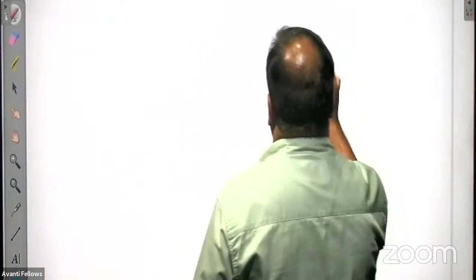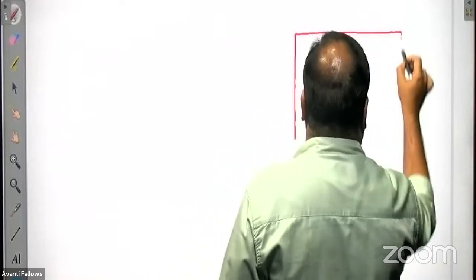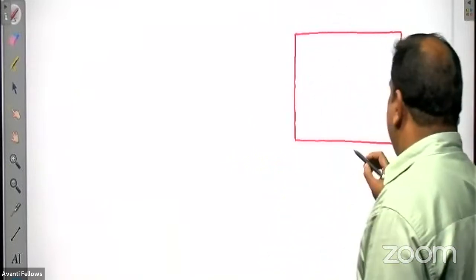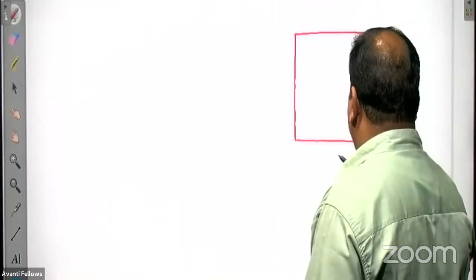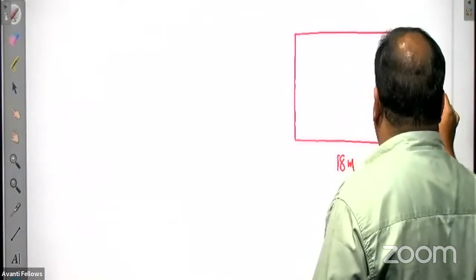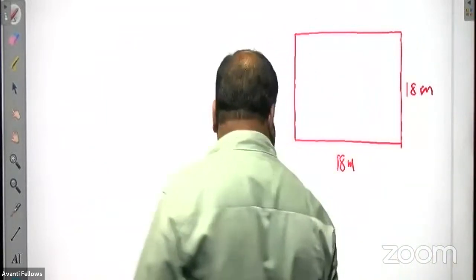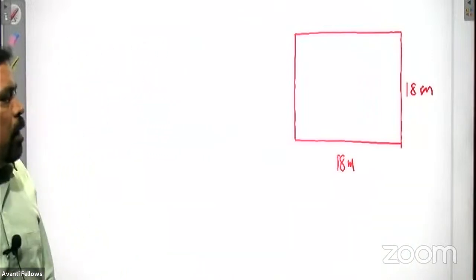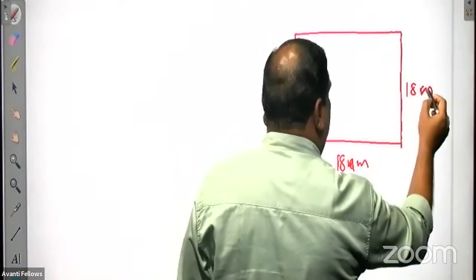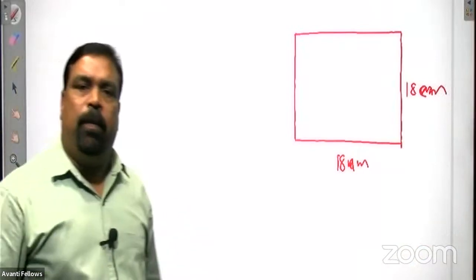The problem is a square piece of metal sheet. We have some sheet in the shape of a square, and 18 is the side, 18 meter or centimeter, maybe 18 centimeter, which is to be converted into a box.